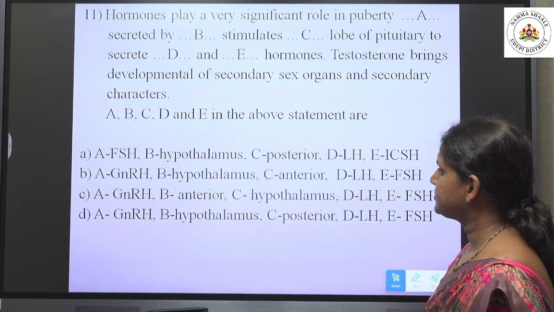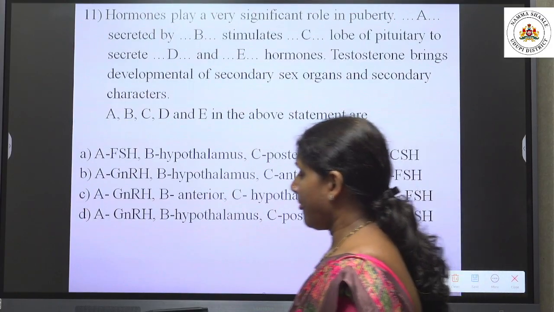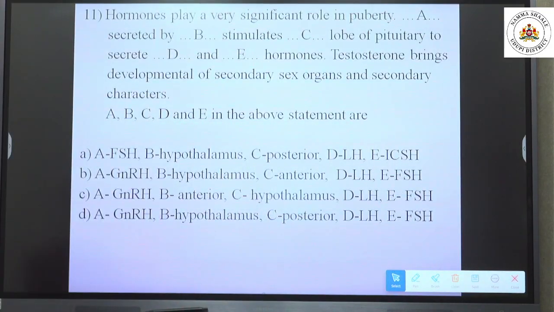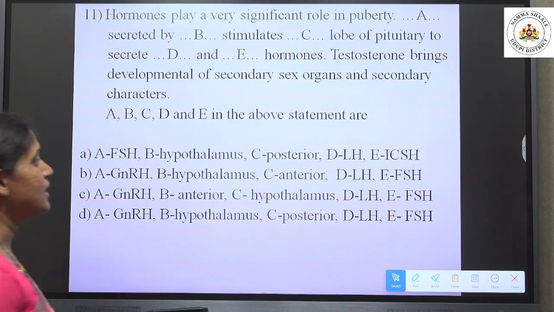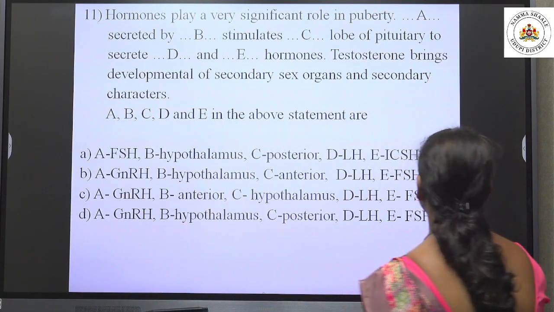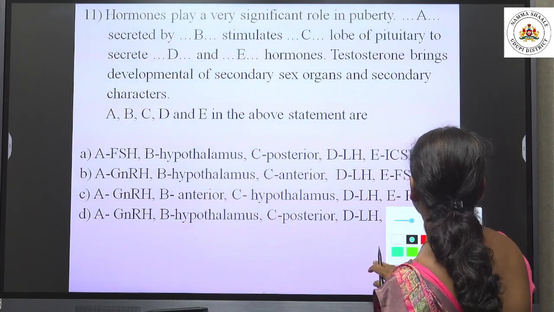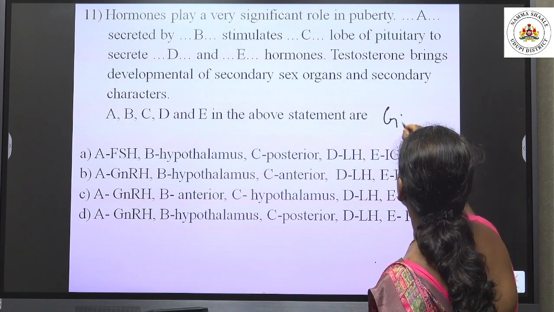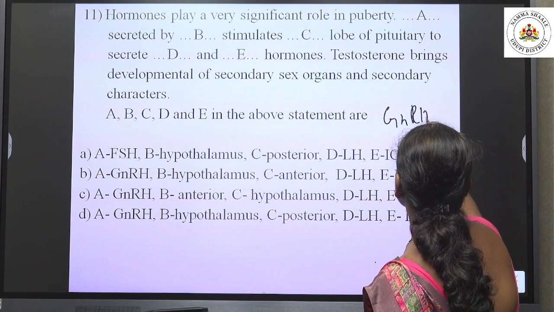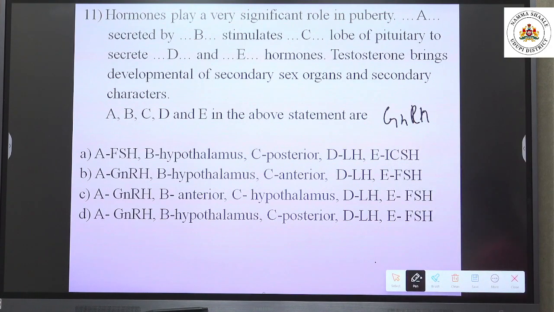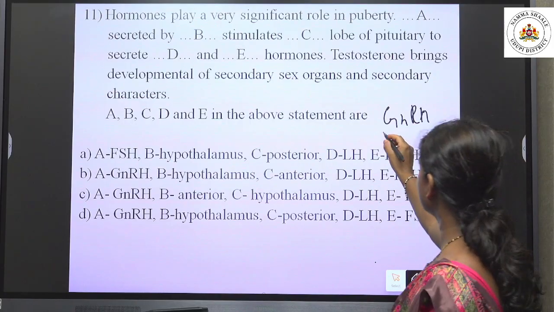You can see here, hormones play a very significant role in puberty. At puberty, the gonadotropin releasing hormones are mainly released by the hypothalamus.